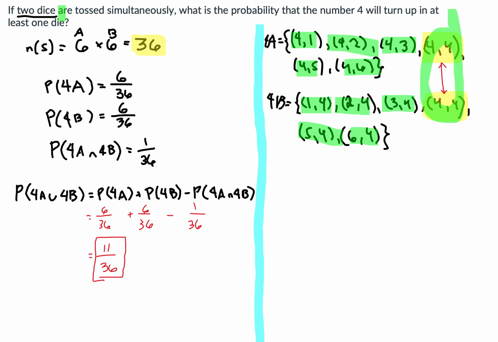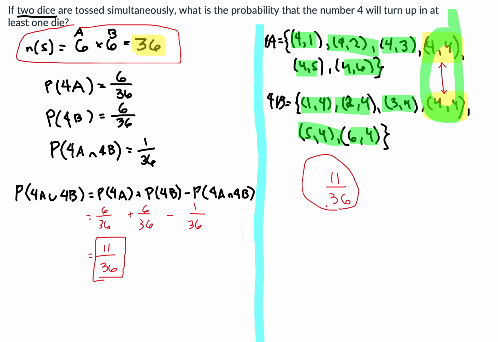The 4,4 is counted as 1. So the answer here would be 11 all over the sample space, the totality of it, which is 11 over 36. And that jibes with our answer in the analytic case.